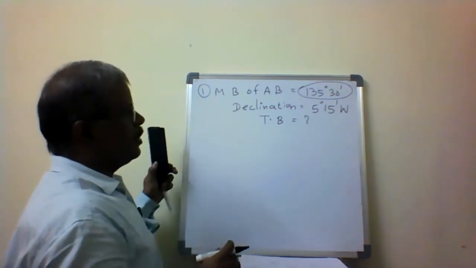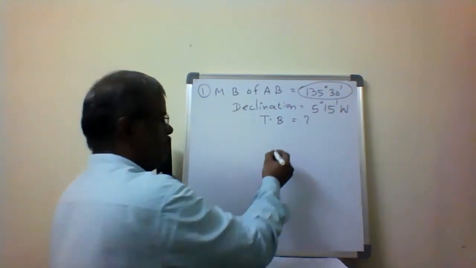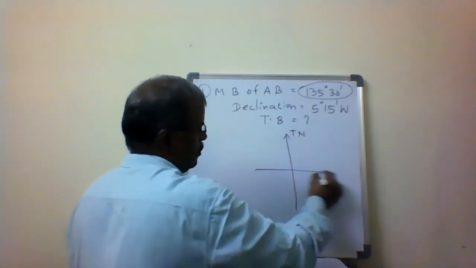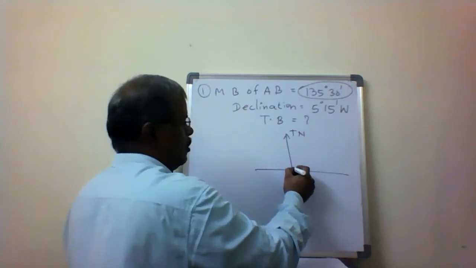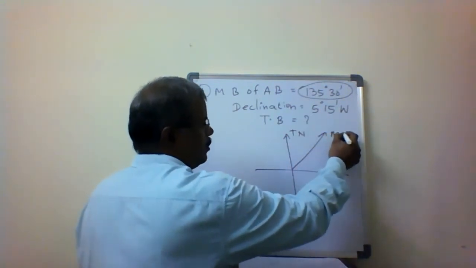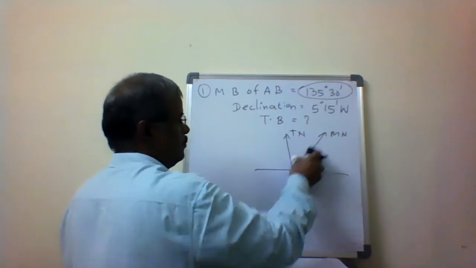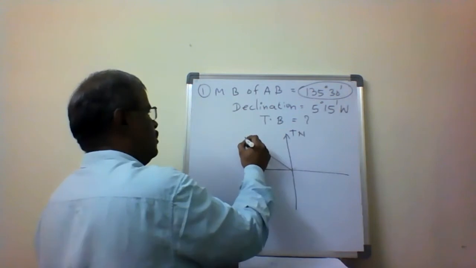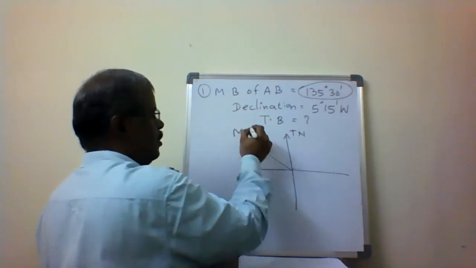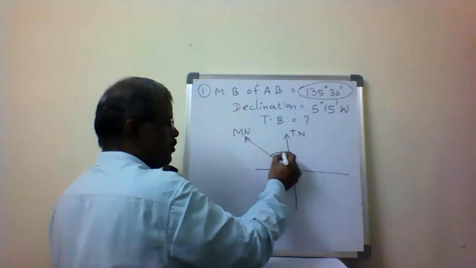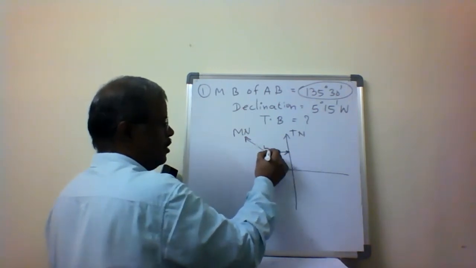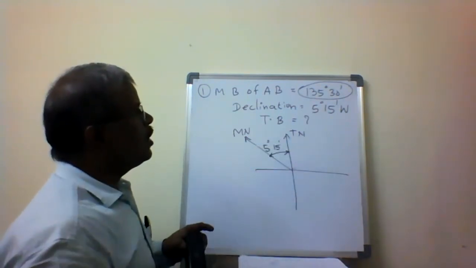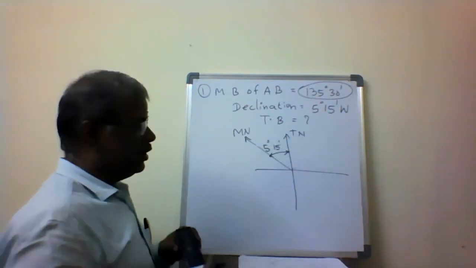Now the magnetic bearing of AB is given, and the declination is given as west. So in this diagram, this is true north and this is magnetic north, with a declination of 5 degrees 15 minutes. The magnetic bearing of AB is given as 135 degrees 30 minutes.